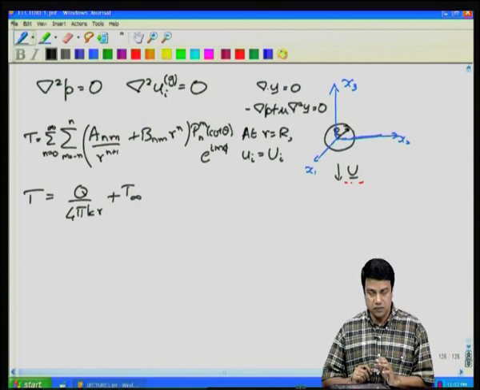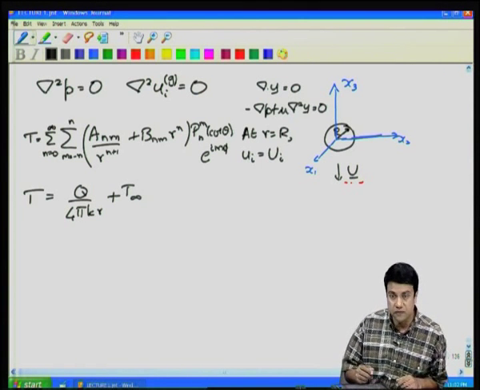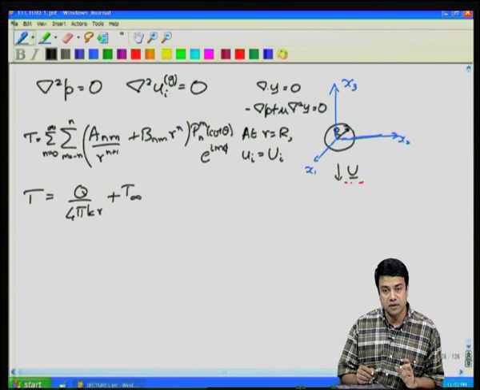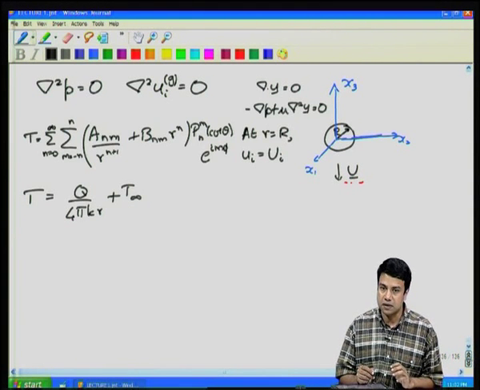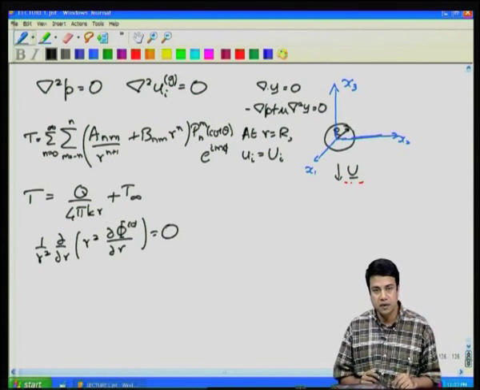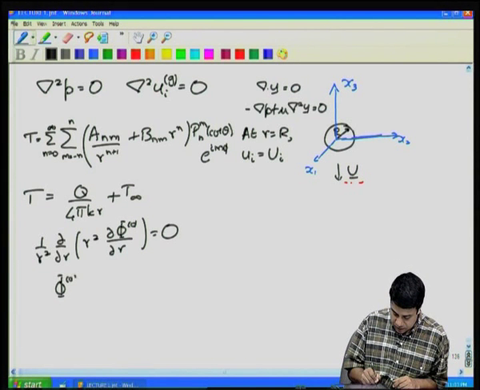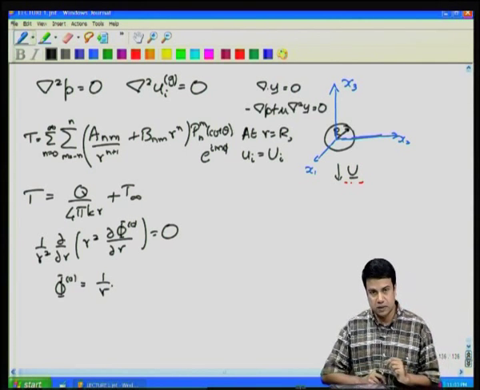The way of getting the solution was to first take the solution for the source as the fundamental solution. We know that in a spherical coordinate system, if the solution is spherically symmetric, that is, there is no dependence on theta and phi coordinates, the Laplace equation reduces to an equation that has a solution which, to within an undetermined constant, is just 1 over r.